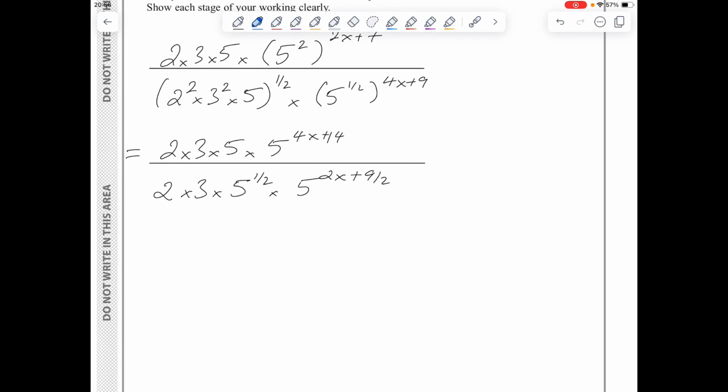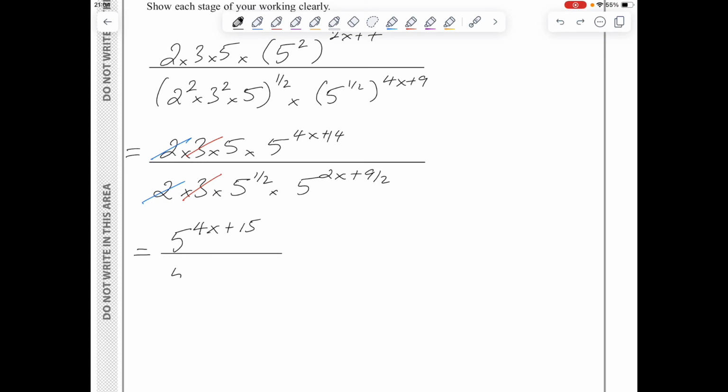Now I can cross out the 2 with the 2 and the 3 with the 3 and I'll be left with 5s. Here again the power is 1 and I will add these powers, the same with the denominator. So I get 5 to the 4x plus 15 over 5 to the power of 2x plus 5.